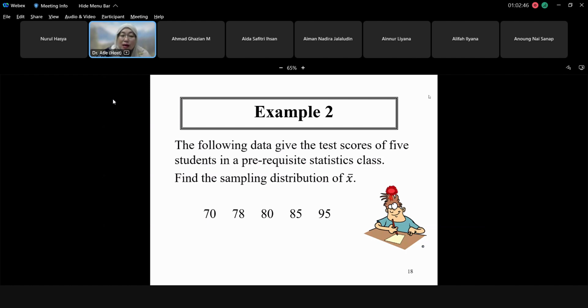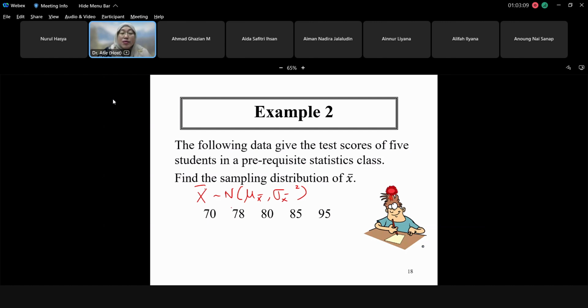So we are asked to find the distribution. This one is slightly different. Before, we were already given the value of the mean and the standard deviation, but this time we need to find them out by ourselves.